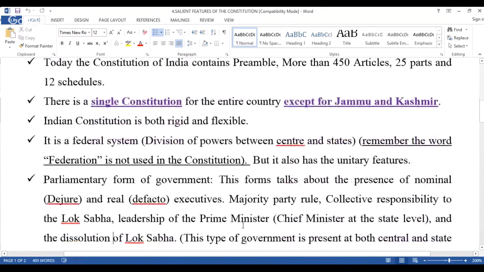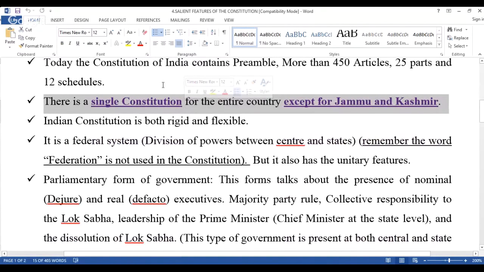Look at this. So there is a single constitution for the entire country except Jammu and Kashmir. Important one. So we have single citizenship except Jammu and Kashmir. We have a single constitution for the entire country except for Jammu and Kashmir.